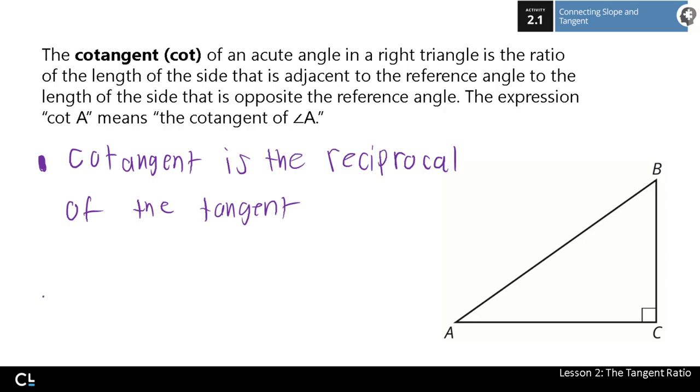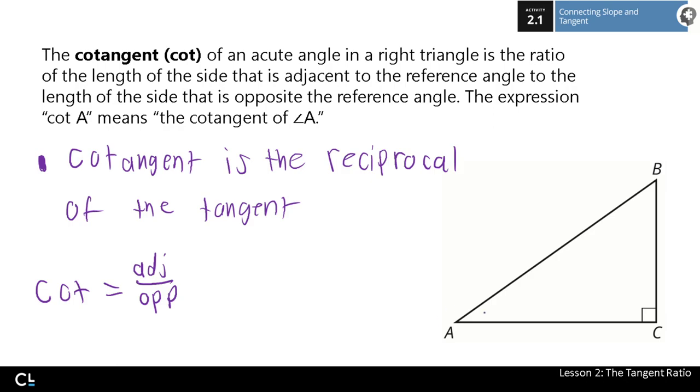Or in other words, we could say cotangent equals adjacent over opposite, right? So this is some notes for us here, right? Write this stuff down. It's easy to see, right? If you come back and look at your notes while you're doing problems, boom, there it is. You have an idea of what the cotangent is, right?